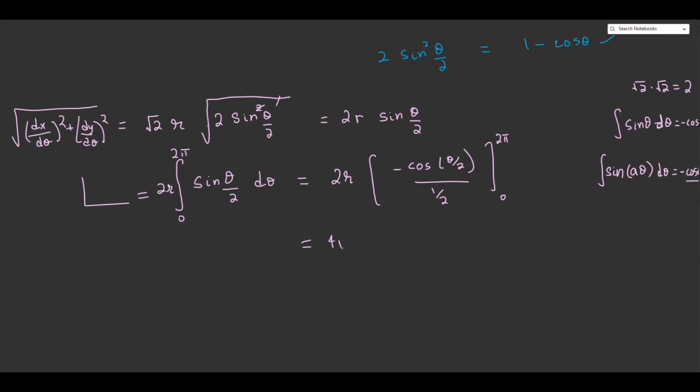It will become 4r with the minus sign. Substituting the upper limit 2 pi, theta over 2 is pi, minus the lower limit 0.